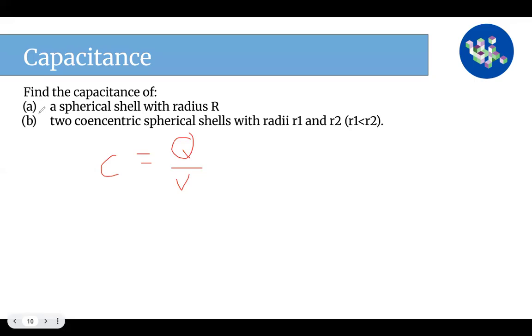So it depends. For part A, you'll be using the potential of the spherical shell. For part B, you'll be using C equals Q divided by the change in the potential between the two spherical shells. But I'll let you guys try to figure that out.